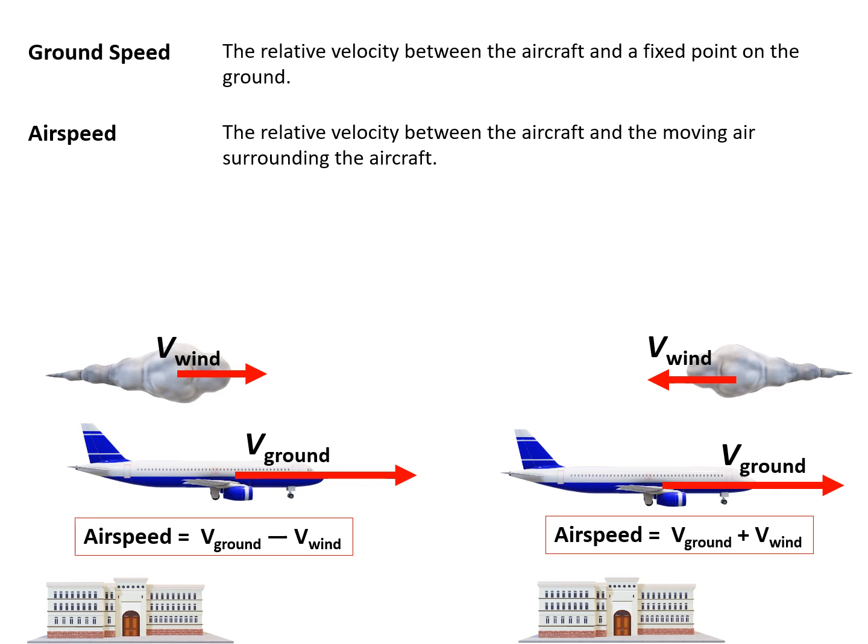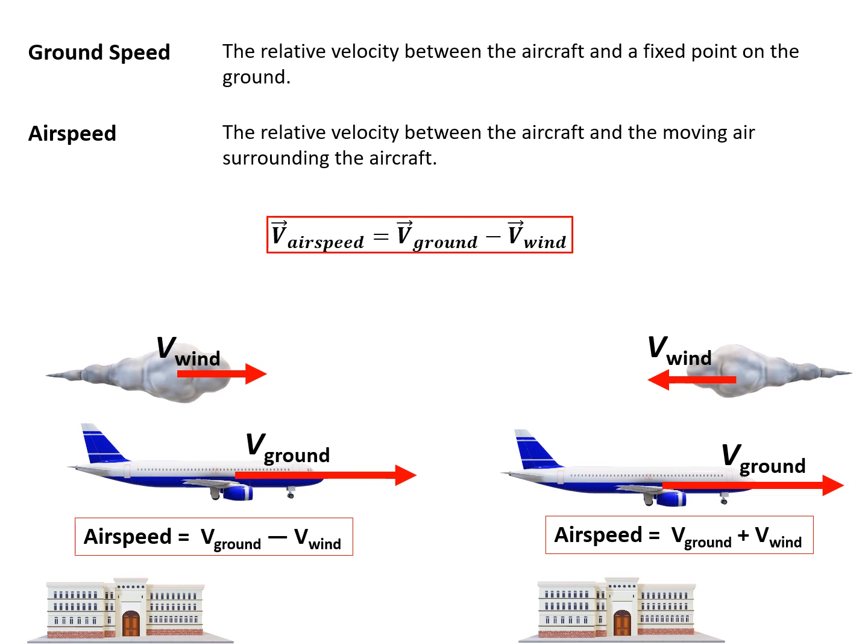So we can write these two equations for when the ground speed and the wind speed are in the same direction, and also when they are in the opposite direction. If we write them in vector form, it looks like this: the airspeed vector equals the ground speed vector minus the wind speed vector.